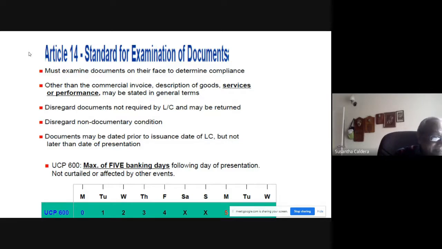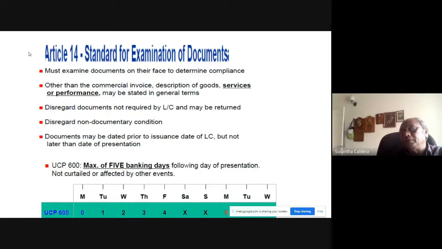If a credit contains a condition without stipulating the documents to indicate compliance with the condition, banks will deem such condition as not stated and will disregard it. Right? These are generally referred to as non-documentary conditions.